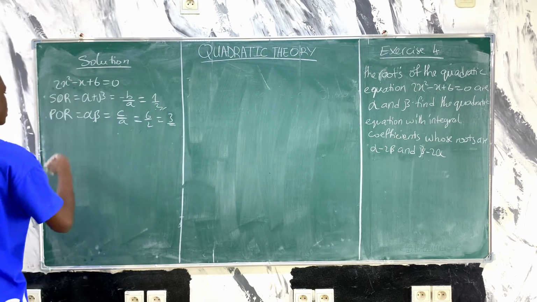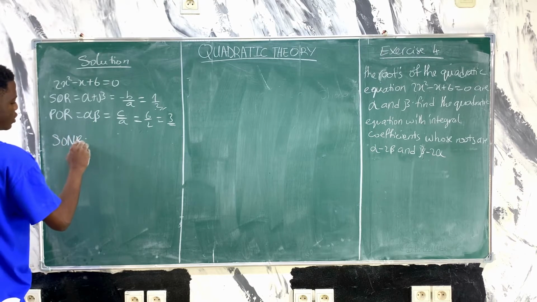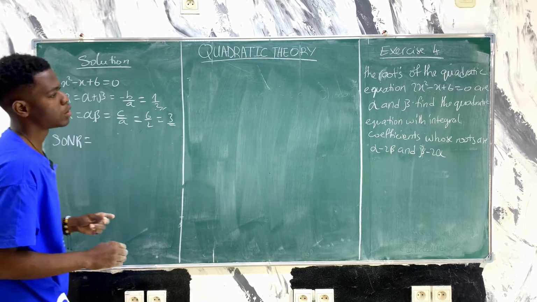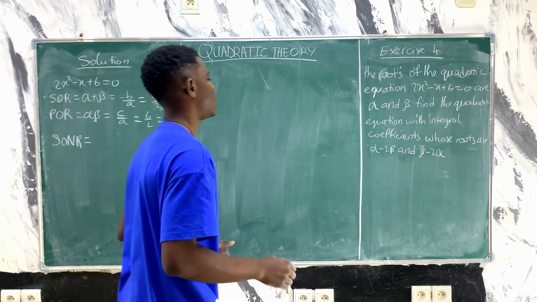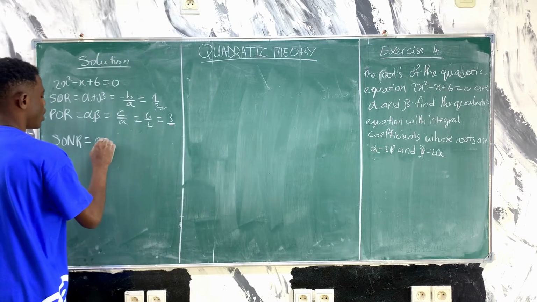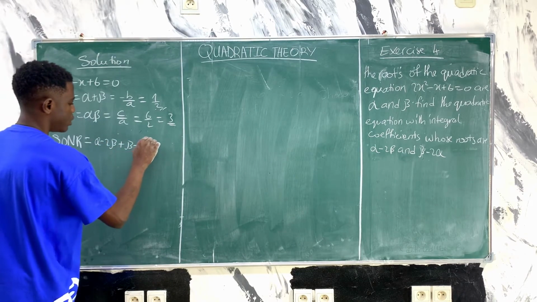So let's dive into the new roots. The sum of the new roots will be equal to, when I add up the new roots, alpha minus 2 beta plus beta minus 2 alpha.